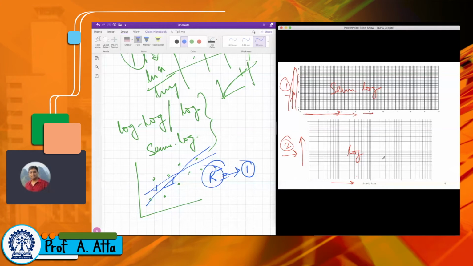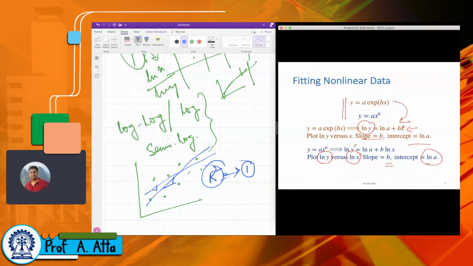Now you will realize the utility in these two expressions. The first one, the exponential one, I can easily plot on semi-log graph paper, where x is a rectangular scale and log y, or basically y, is the logarithmic scale.